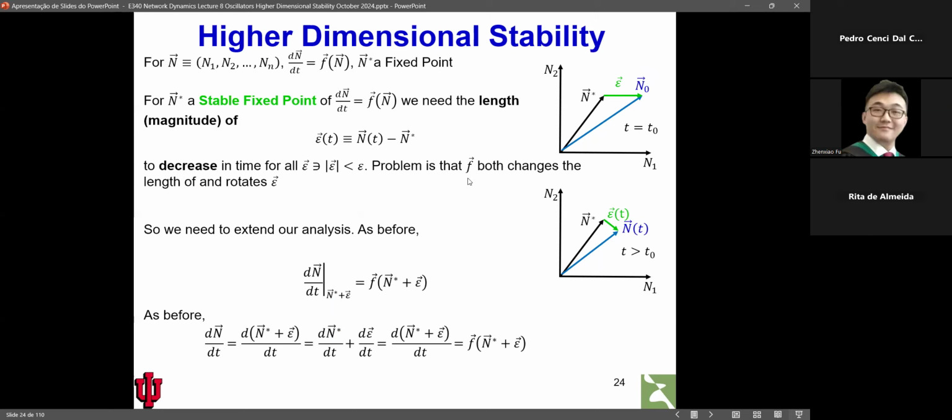And the problem is that f is going to change, of course, and it's going to rotate this perturbation, right?